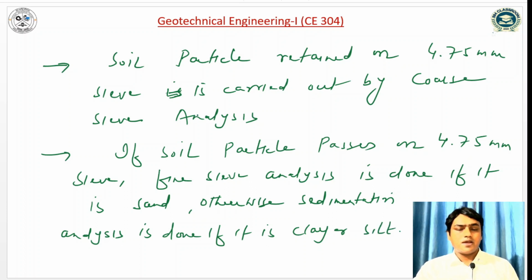So here I have written that the soil particle which is retained on the 4.75 mm sieve is analysed by coarse sieve analysis. If the soil particle passes the 4.75 mm sieve, then it is analysed by fine sieve analysis if it is sand. Otherwise sedimentation analysis is done if it is clay or silt.